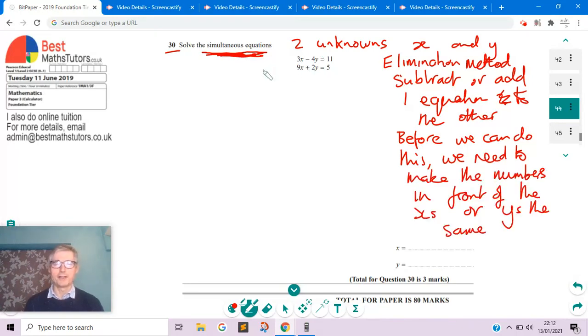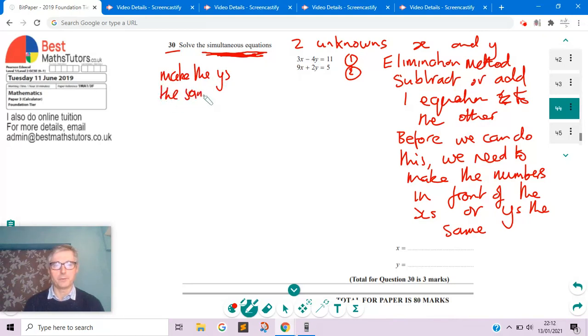So I'm going to label this one equation 1 and that one equation 2. I'm going to look for a number that they will both go into. We're going to try and make the number in front of the y the same. So that's what we're going to do, make the y's the same.